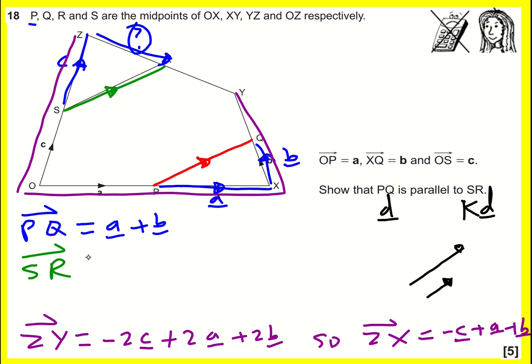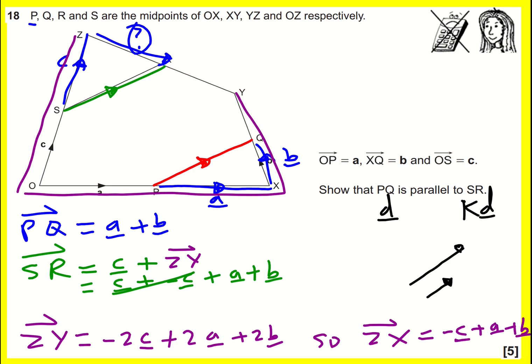So SR is going to equal c plus, and I'm just going to temporarily write plus ZY, just to show my working clearly. And then that's going to equal c plus minus c plus a plus b.